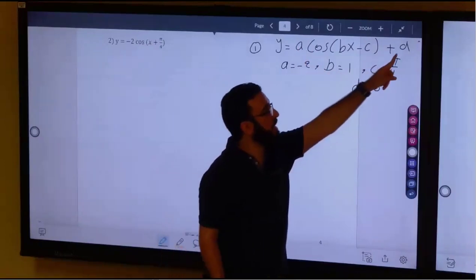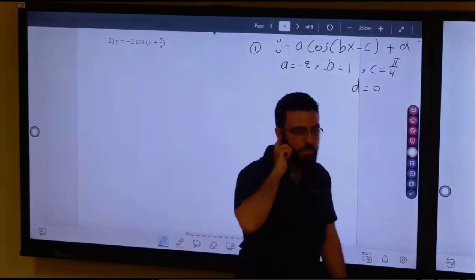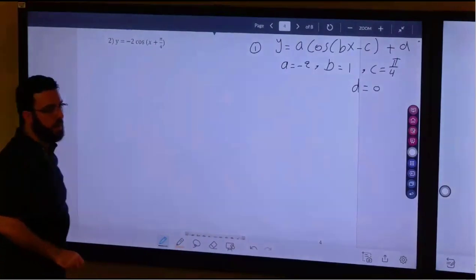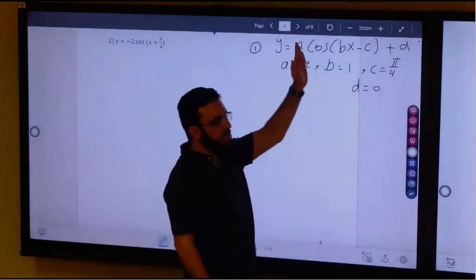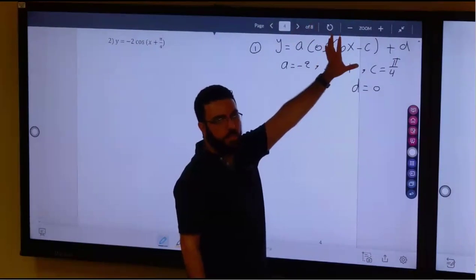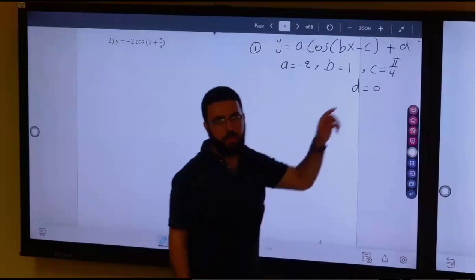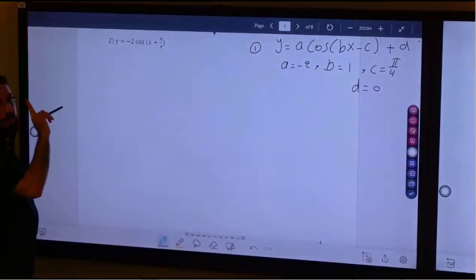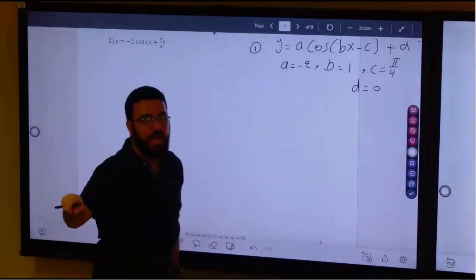Just make sure A cosine is the first function, everything with parentheses, and the D is the last number. You just move it from here to the last. You don't change the sign. You just move it.